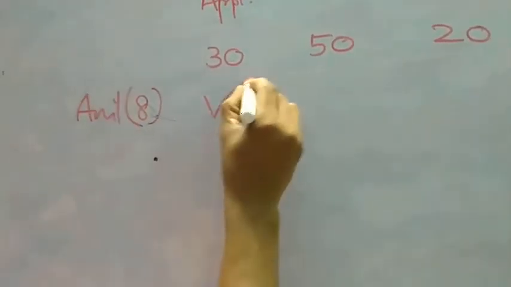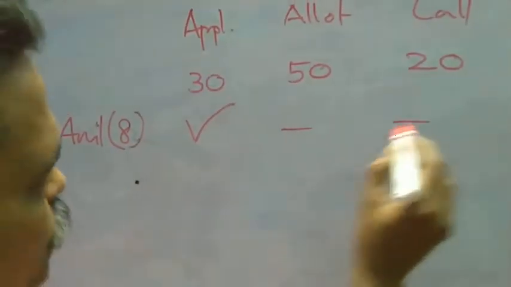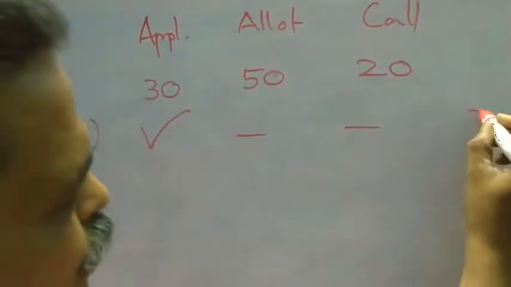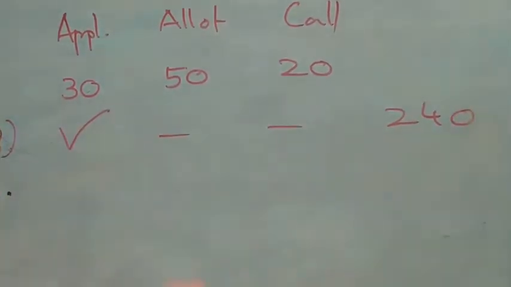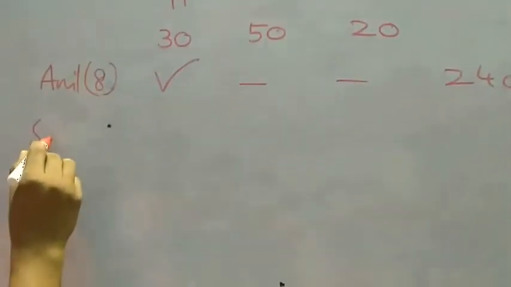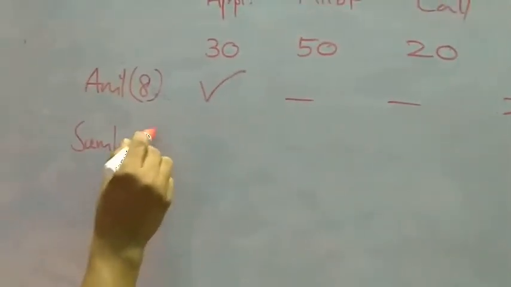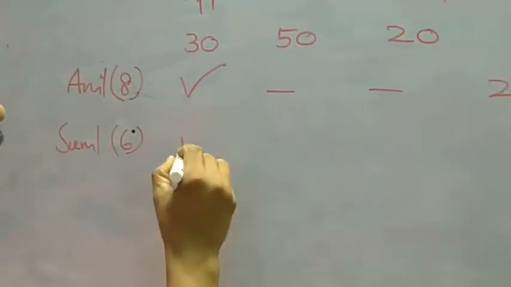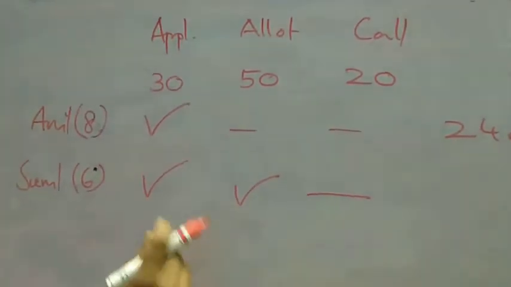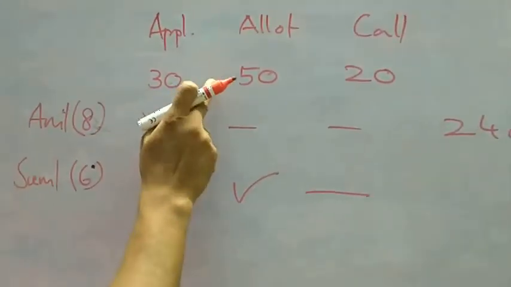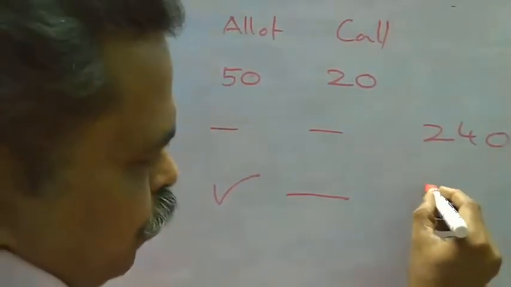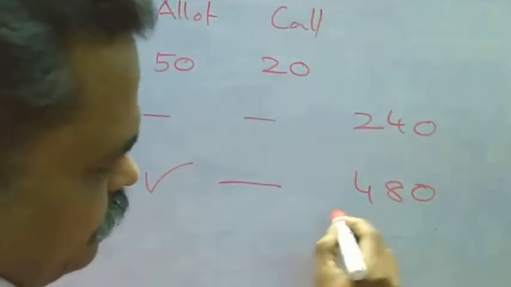He paid only application money, so he paid 8 into 30, 240 rupees. Sunil got 6 shares. He paid application money and allotment money, that means 30 plus 50, 80, 80 into 6, 480 rupees.